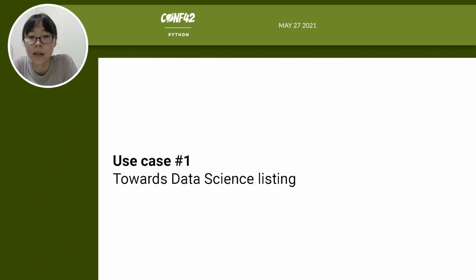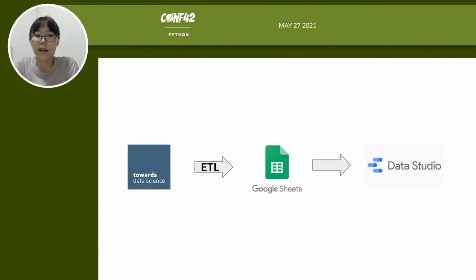The first one is related to Towards Data Science. For those who are not so familiar, Towards Data Science is a publication hosted on Medium where different authors and writers write about what they have done and what they have realized through the different data science projects that they do on their own or for their work as well.